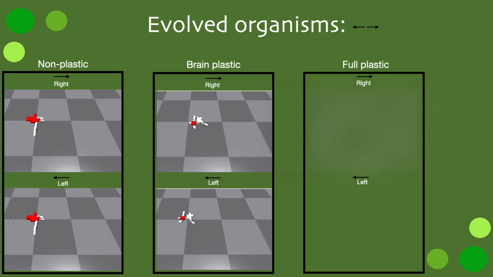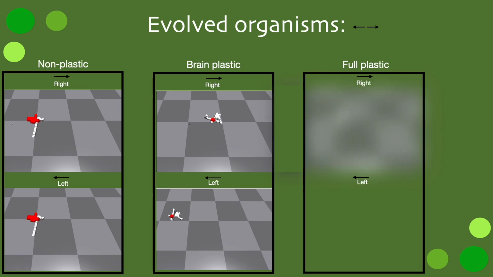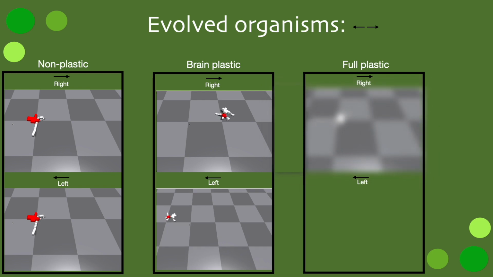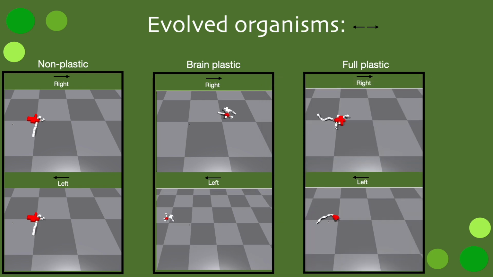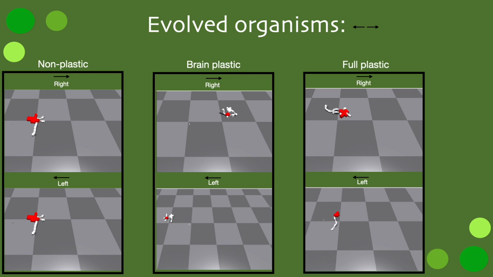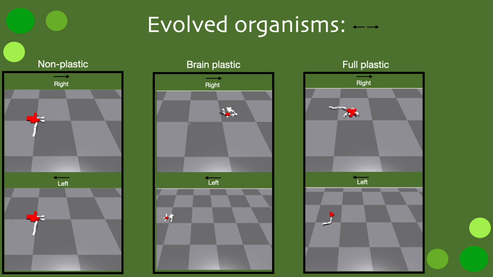When the desired behavior is displacing right and left, non-plastic organisms can only wobble in the middle. On the other hand, plastic organisms displace well in these directions. No behavioral difference was observed between plasticity only in the brain and plasticity in both body and brain.